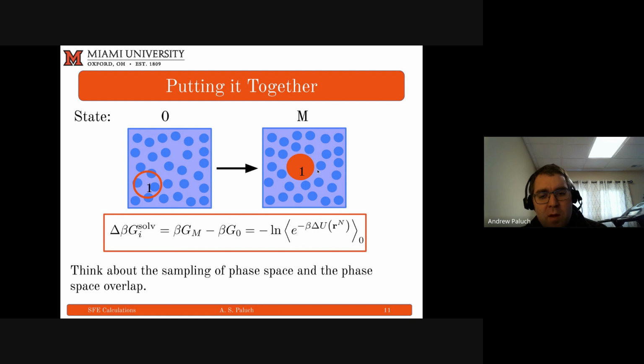Now, that comment of phase space overlap, in terms of just modeling the target state, to performing a simulation here and estimating the configurational integral of state zero, that one would actually be more challenging because now this phase space is a subset of that. And so there'd be a lot of regions of phase space that you just wouldn't sample that would be important to state zero.